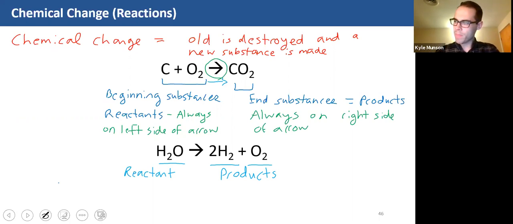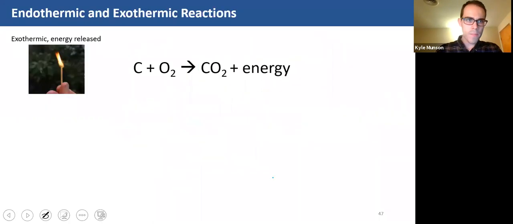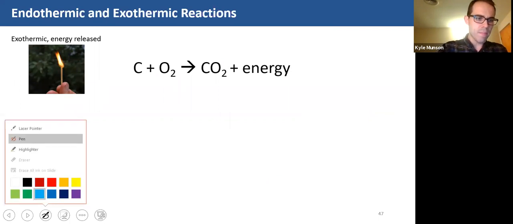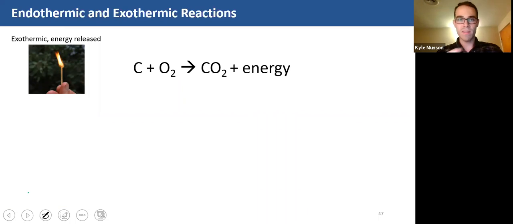So let's see here. What about this exothermic endothermic thing? So in an endothermic reaction, excuse me, let's step it back a second. In an exothermic reaction, okay, in an exothermic reaction, energy is released.